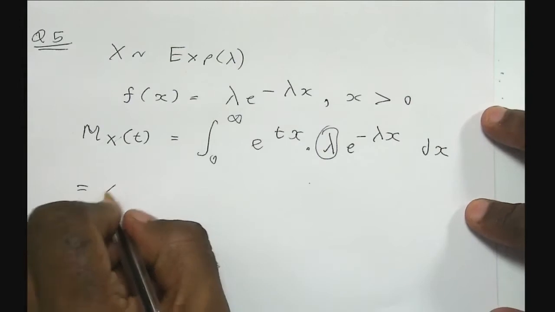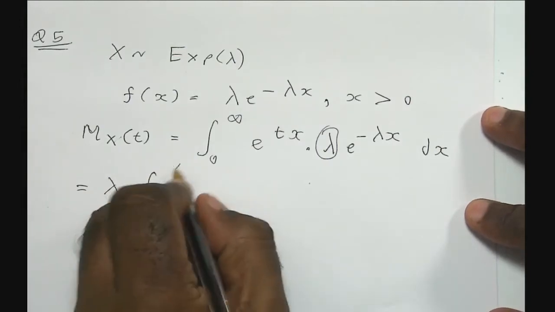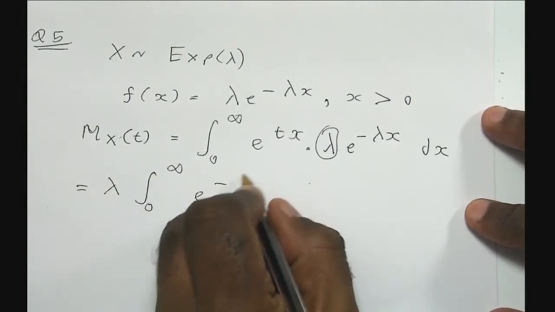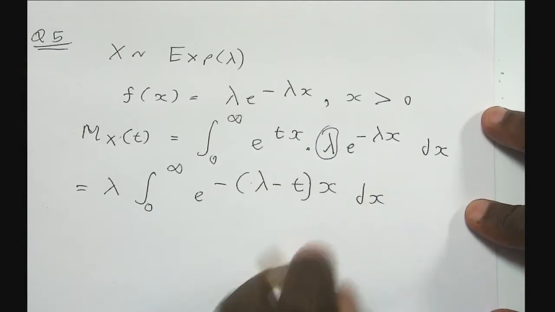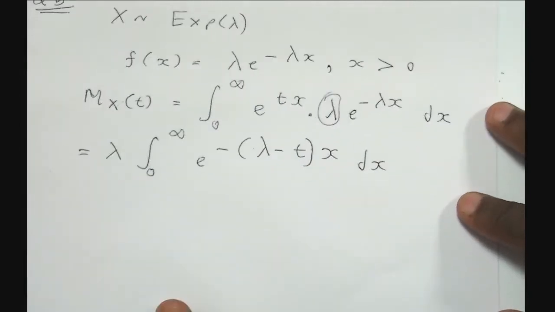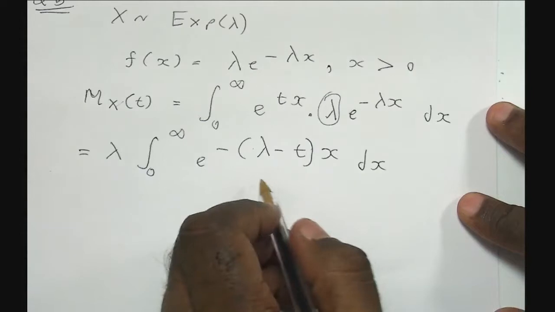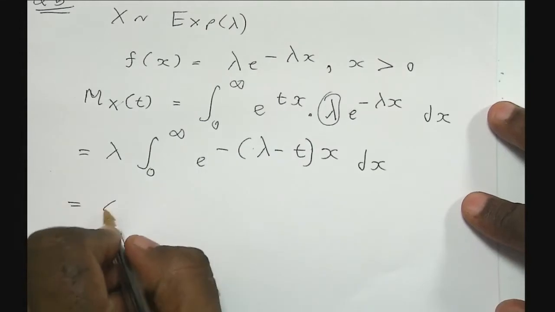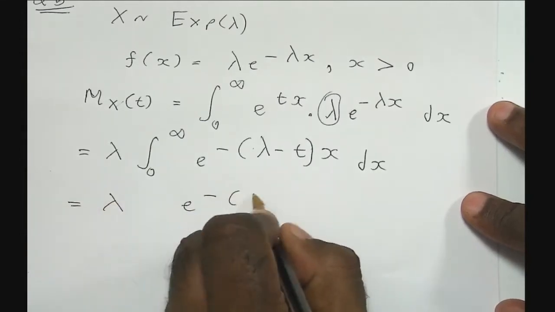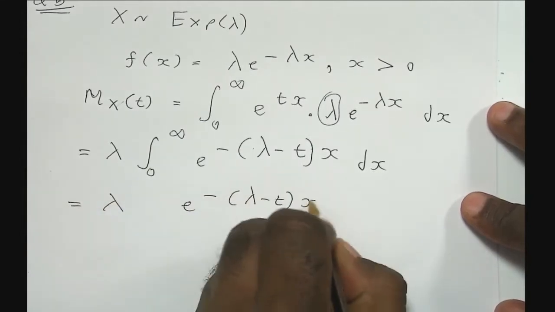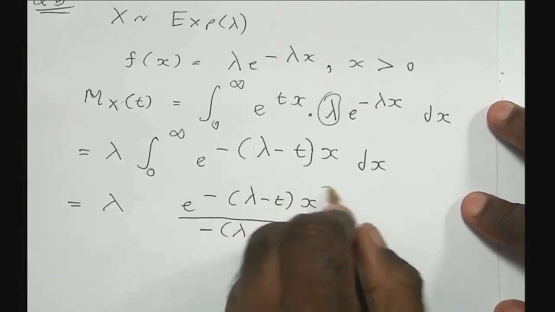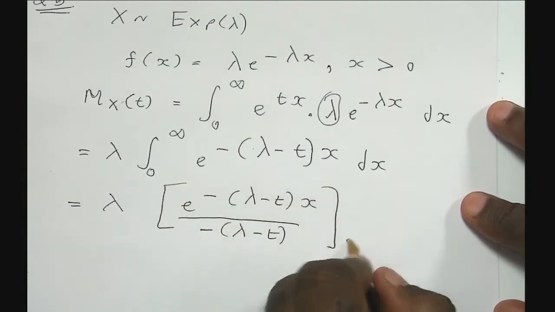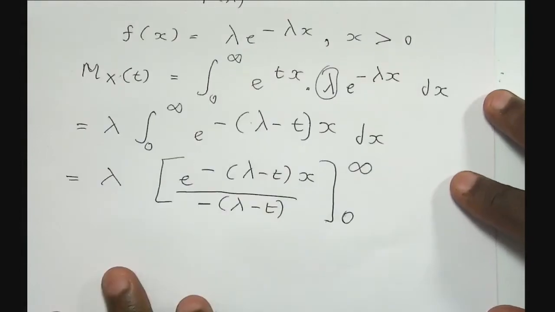So it becomes lambda times the integral of e to the minus this. Now the integral of this is not difficult. You have minus lambda minus t. Take the limits from 0 to infinity.